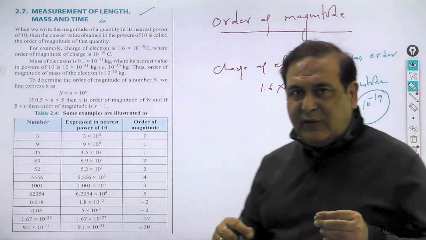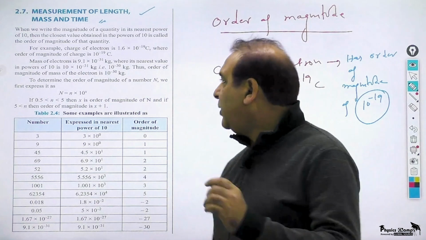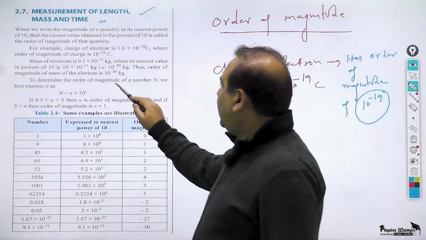So the closest power of 10 is what we describe here.